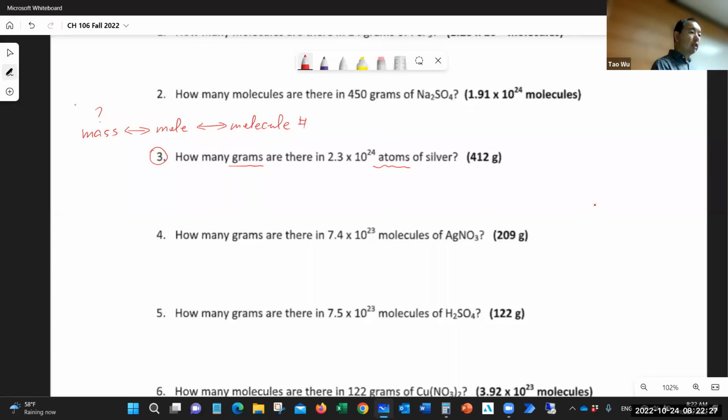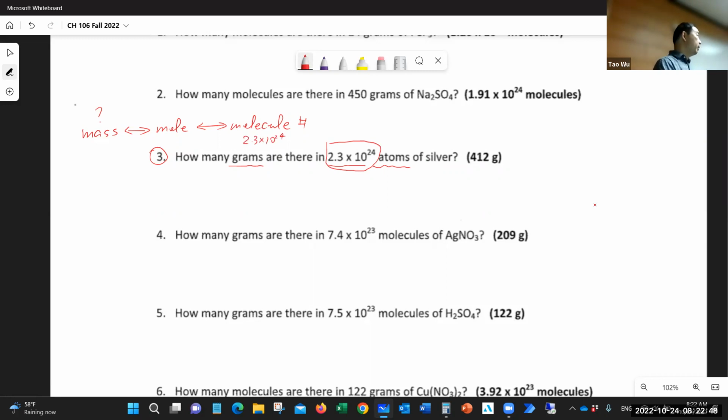So generally, this is giving us the molecule number. It's not talking about moles. And again, this number is really big, right? 10 to the 23rd, so obviously it's not a mole. The question gave us 2.3 times 10 to the 24th, so we know the molecule number.